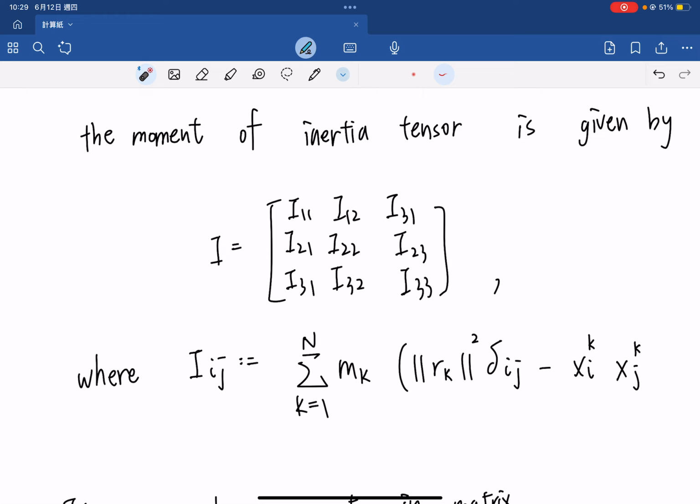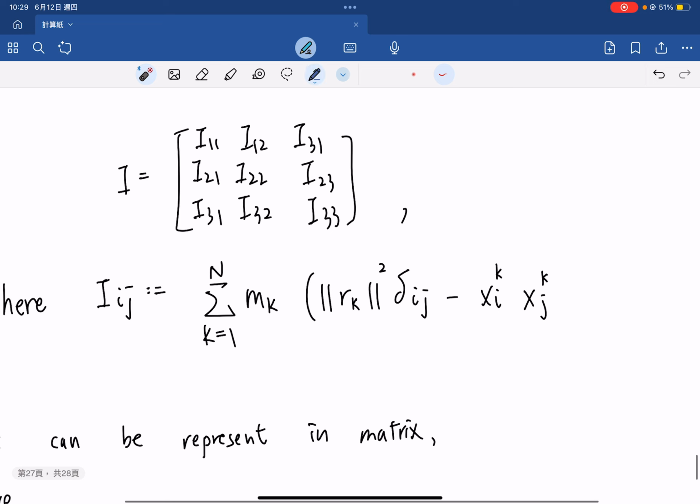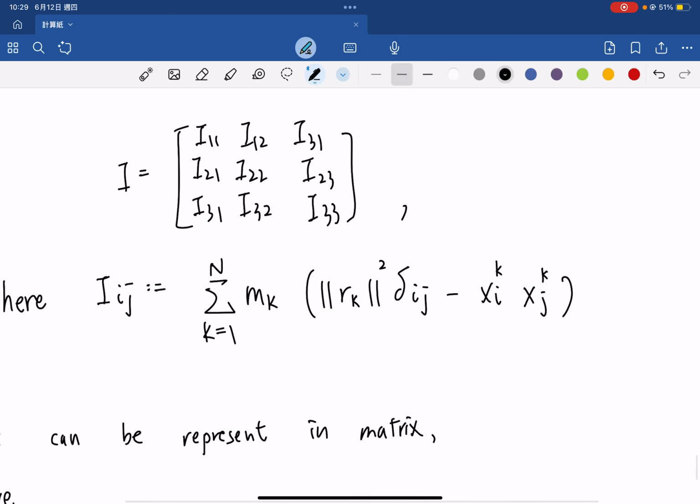Each entry is equal to the sum over k from 1 to n of mk times the squared distance between the rigid body and the axis times the Kronecker delta ij, minus x_ik x_jk.